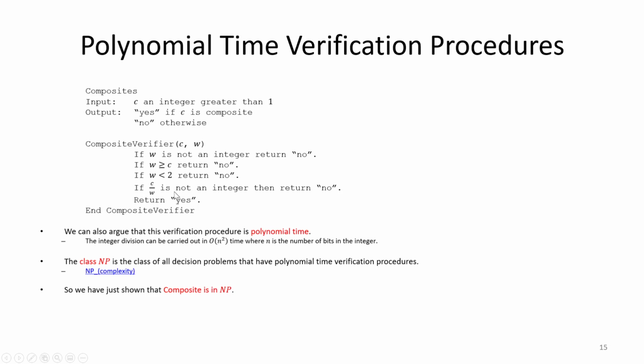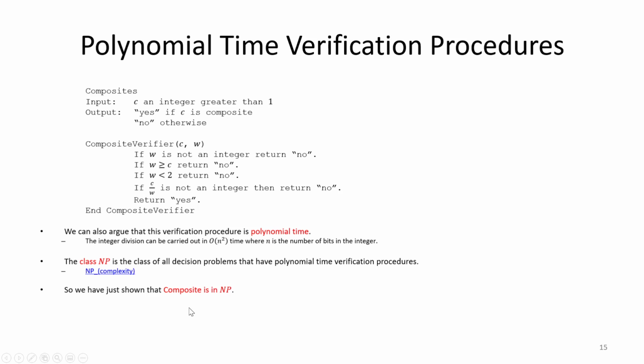So how long does integer division take? Well, it's comparable to multiplication, which at least using a naive way of doing that is about an n-squared algorithm if you have about n bits. Remember, the number of bits in our input is what we're using, so we have to be careful when we measure our runtime, but that is still polynomial in the number of bits. So we can see that this is polynomial time.